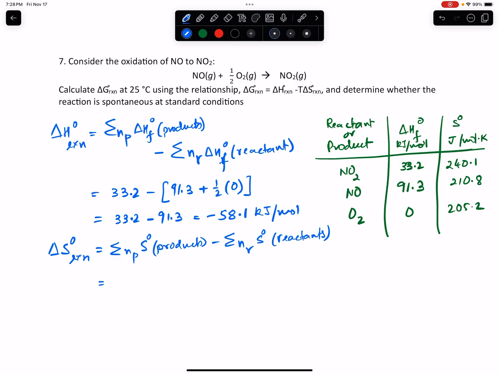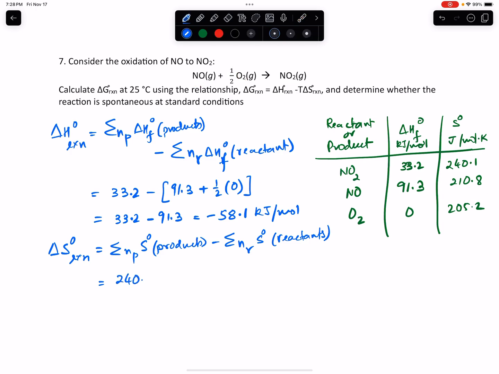Similar story out here: we're going to find the S naught of the product multiplied by the coefficient and subtract the S naught of each of the reactants multiplied by their respective coefficients.